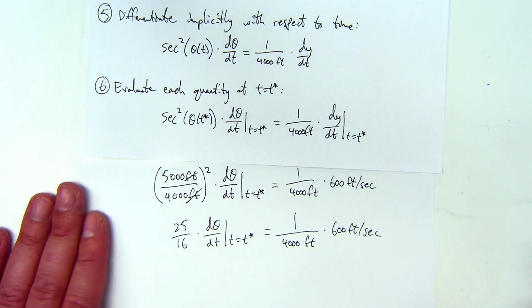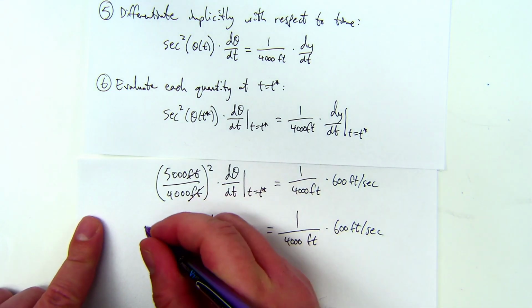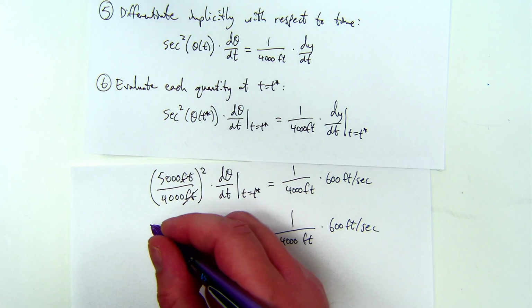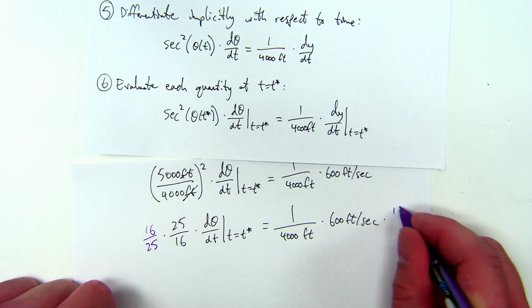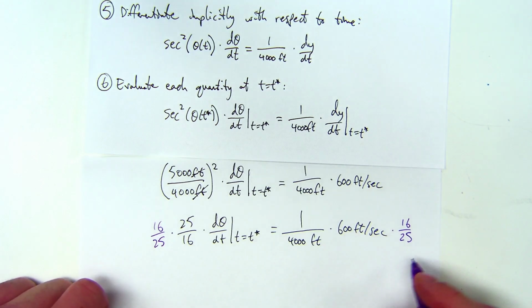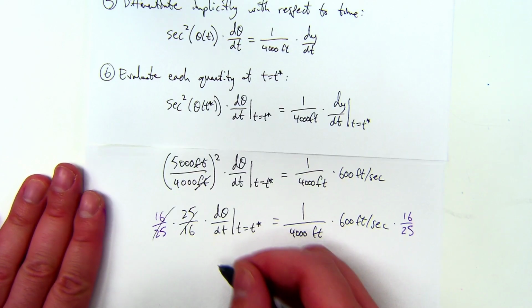And so now I suppose if we multiply both sides by 16/25, and there are no units attached to that, it's just 16/25. We multiply both sides by that, and what do we obtain?